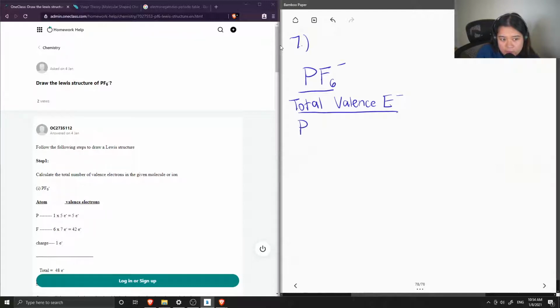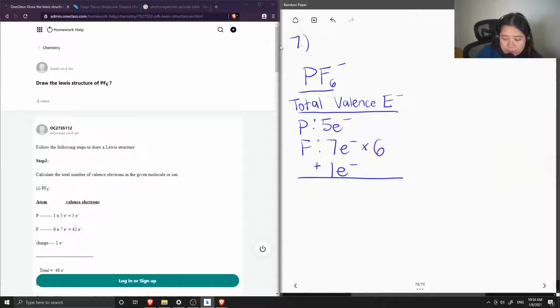We have a phosphorus, which has 5 valence electrons, and we have fluorine, which has 7, and we multiply this by 6 since there are 6 fluorine atoms. And then the ion has a -1 charge, so I'm going to add an additional electron as well to the count. And we get a total of 48 electrons.